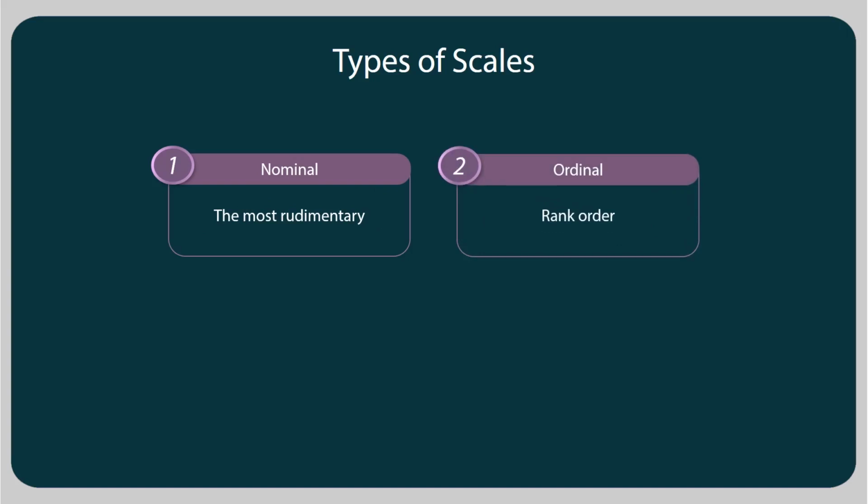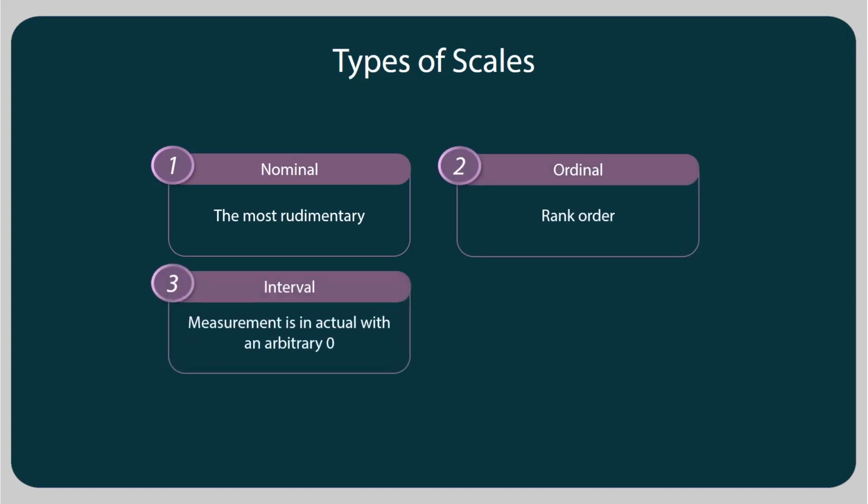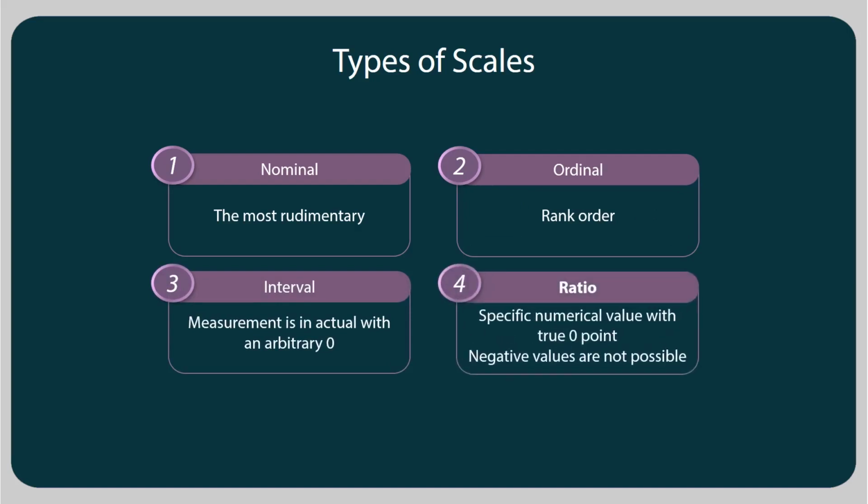The third and fourth are the most sophisticated ones, interval and ratio scale. Interval scale is a measurement with an arbitrary zero, whereas ratio scale has a specific numerical value with a true 0 point. Therefore, negative values are not possible in ratio scale.